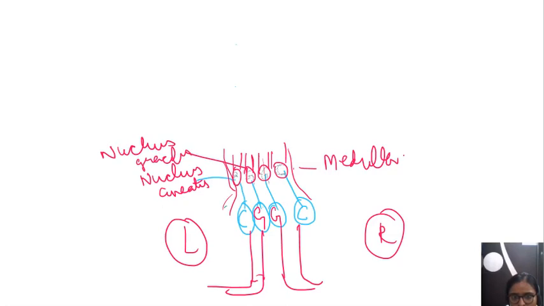Fine. Before it is fasciculus gracilis and fasciculus cuneatus. Fine. So after reaching here, it will form the nucleus gracilis and nucleus cuneatus.